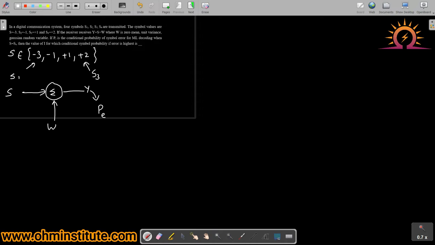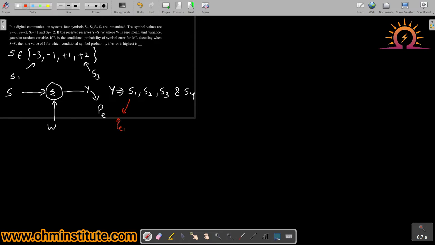There will be a Y received corresponding to S1, S2, S3 as well as S4. For every symbol that is being transmitted, there will be a corresponding probability of error. I could index the probability of error as well.